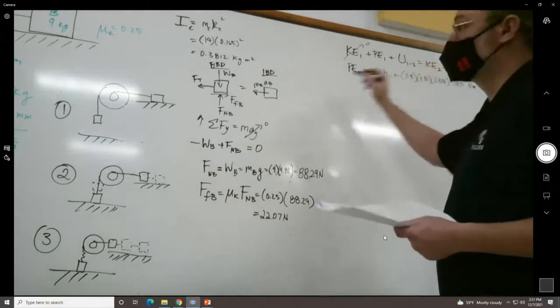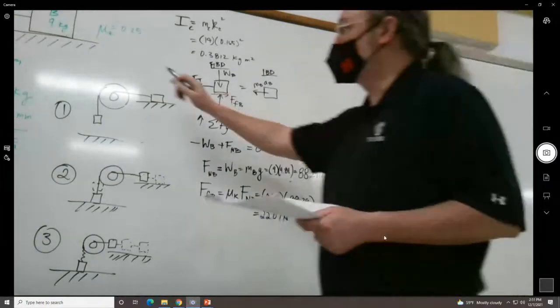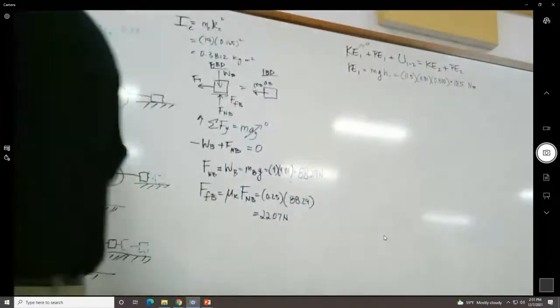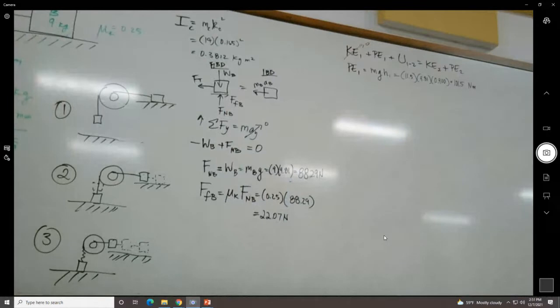And then we have external losses because of the friction of this thing moving. We need to figure out how far this is going to move, though, because it's not going to move the same distance. So this is not going to move 0.9.